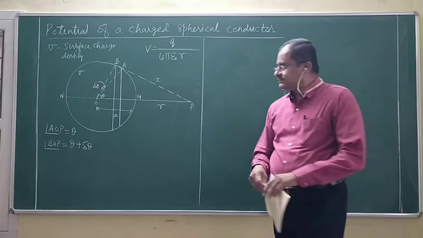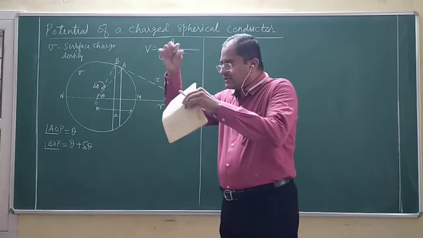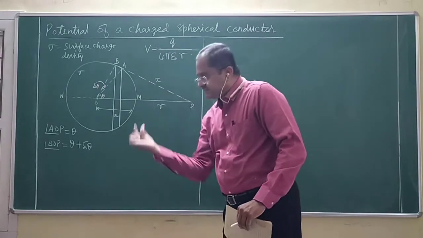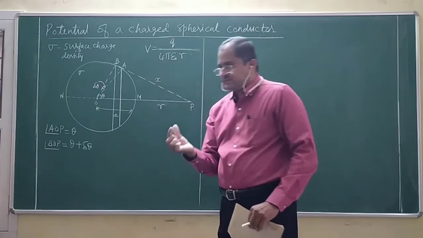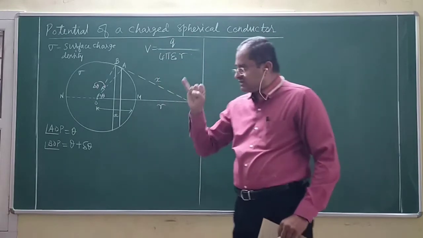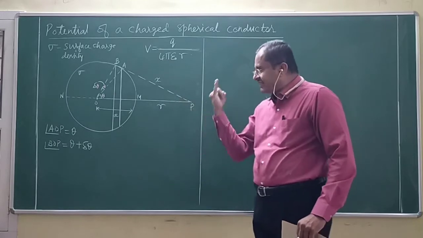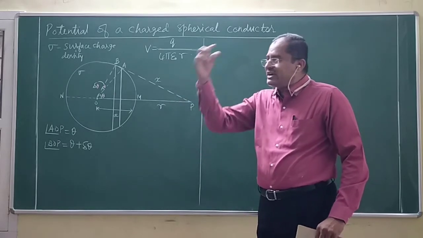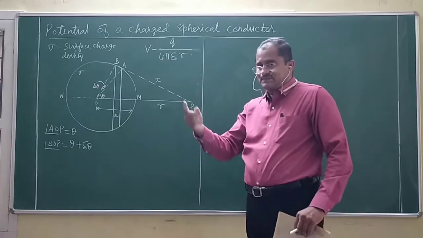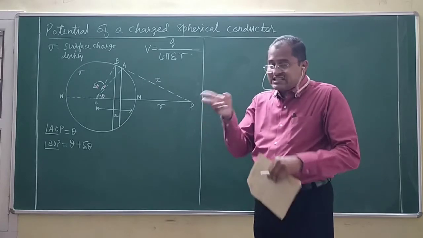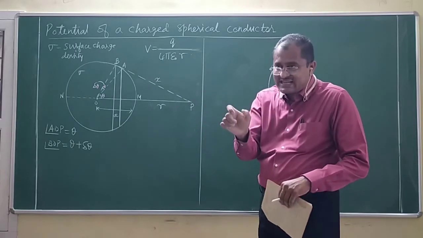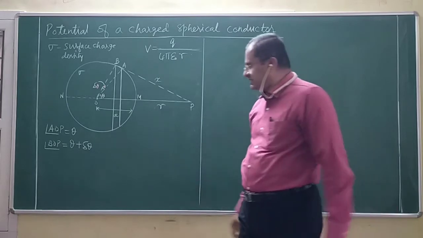How do I do that? If I cut this, I will get a strip. Therefore first I have to find out its radius. If I find its radius, I can find the circumference. With the circumference, if I multiply its thickness, I will get the surface area of the element.